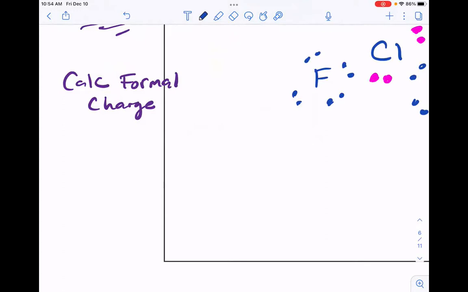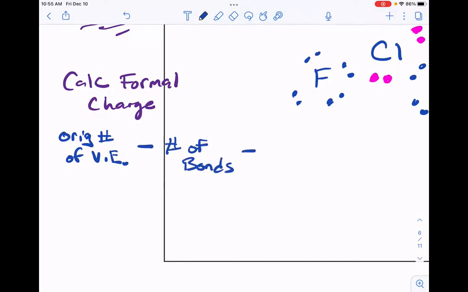The formula for formal charges is pretty simple, I think. Actually, let me take a step back. It's the original number of valence electrons for that central atom, minus the number of bonds, minus the number of non-bonding electrons.